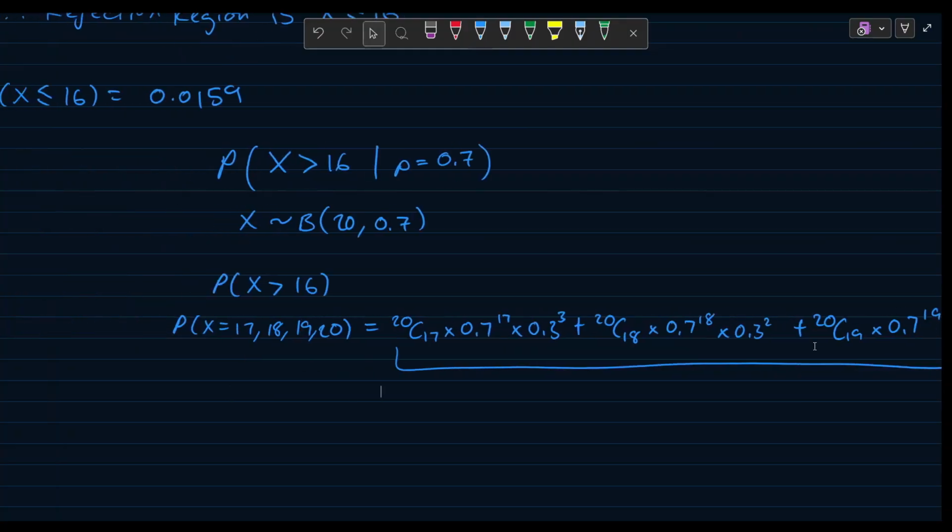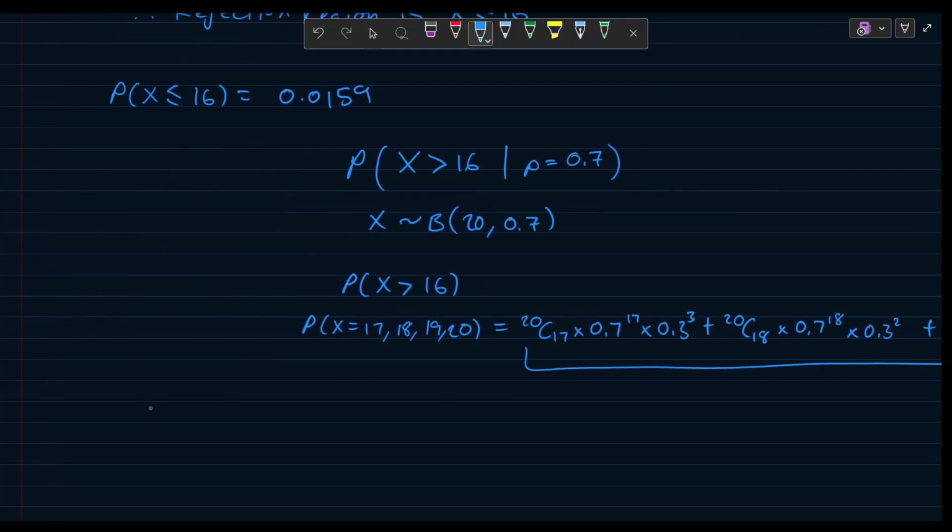And so this gives us that the probability of our type 2 error is equal to 0.107, and this here is our final answer.